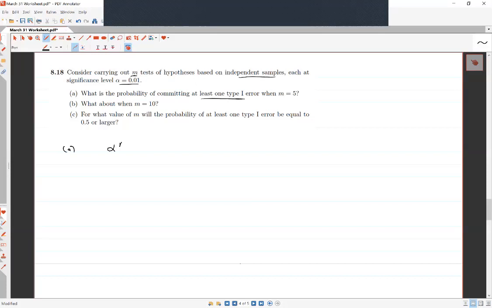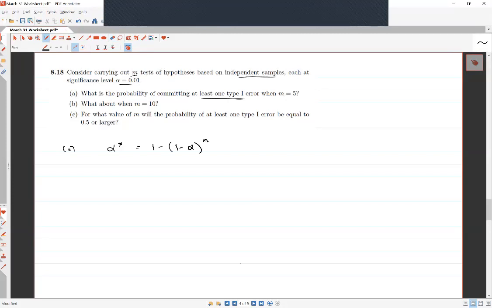Well, we refer to this as alpha star, the overall significance level, or probability of at least one type 1 error. And this is simply given by the formula 1 minus alpha, to the power m.